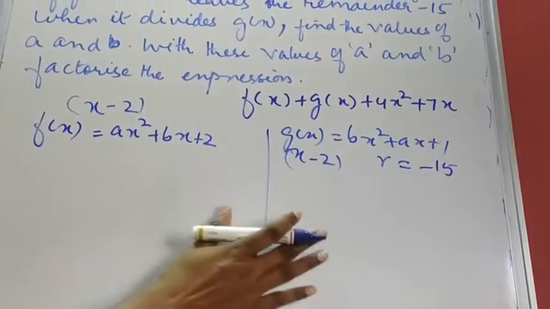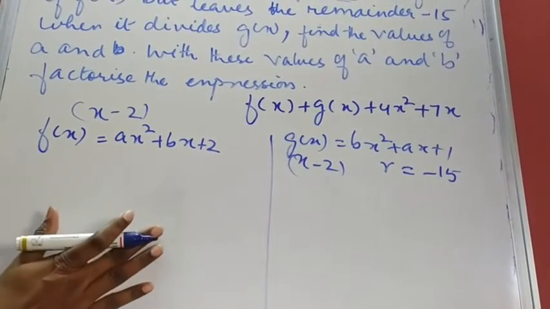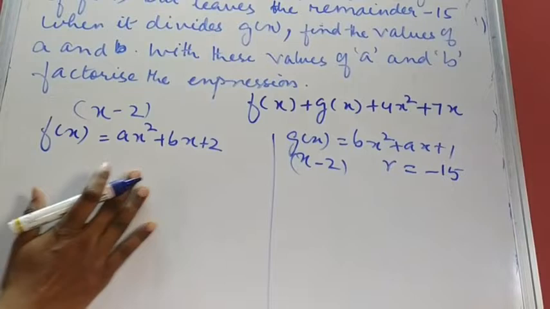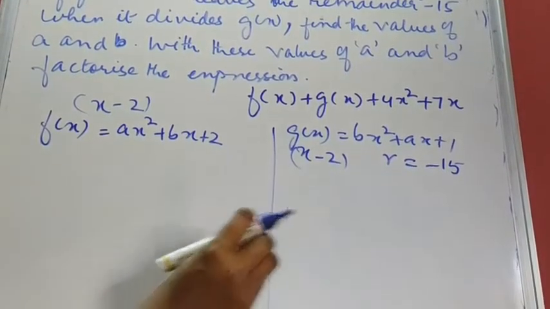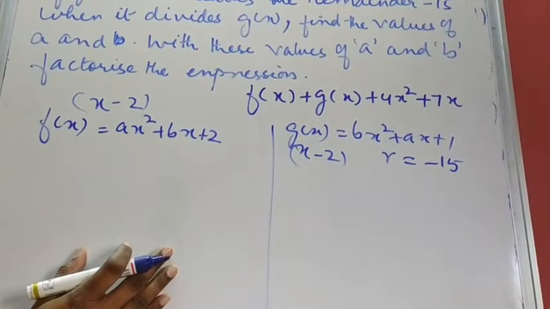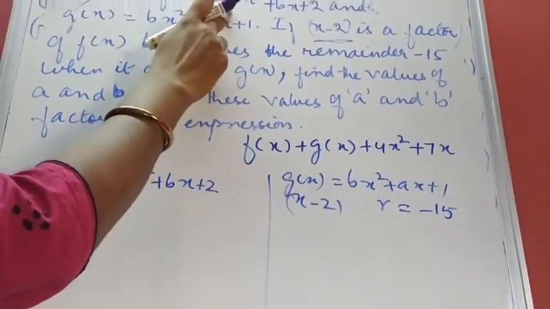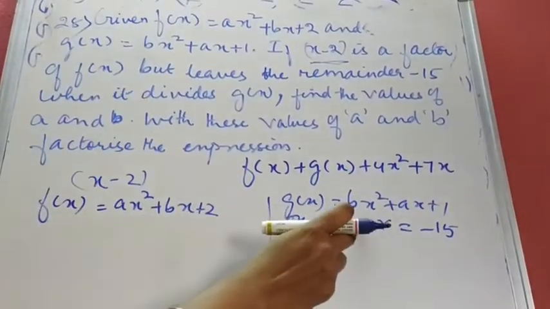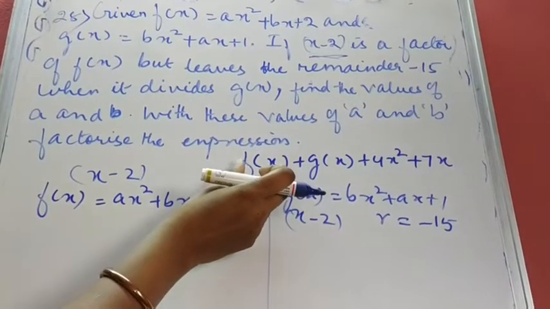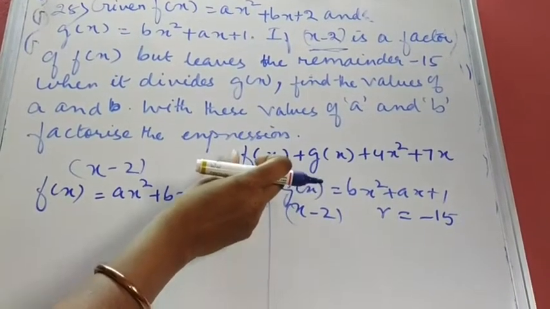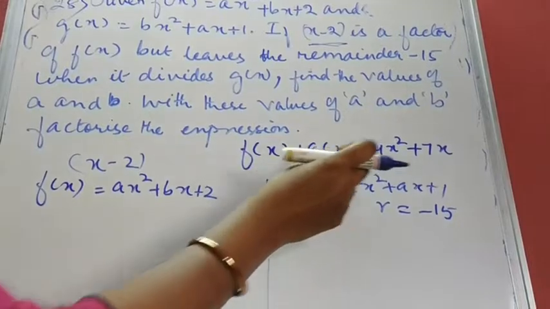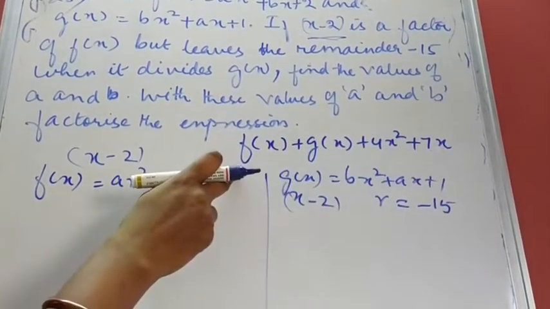Now let's formulate both equations and find the values of a and b. Whatever values we get, we put them into the polynomials f of x and g of x, write those algebraic expressions, and then factorize the given expression.